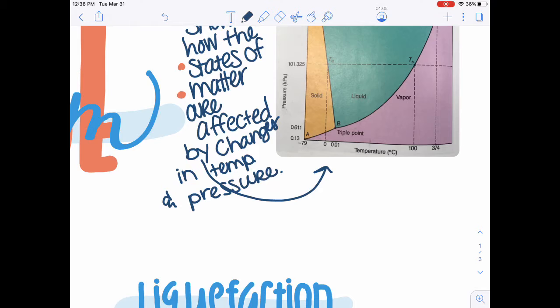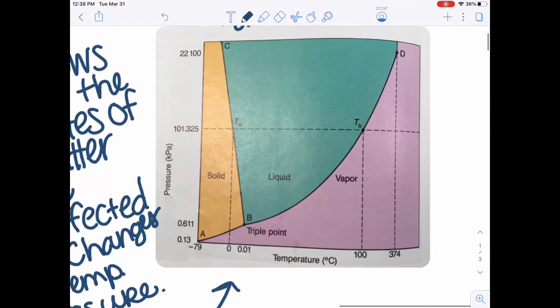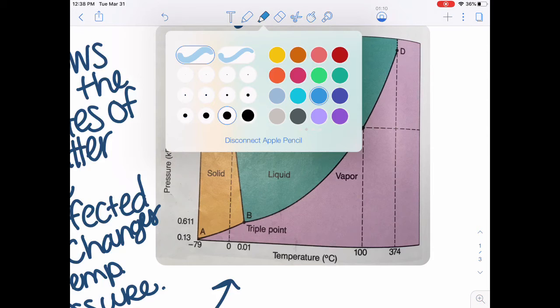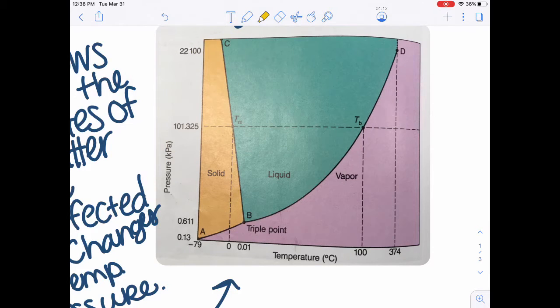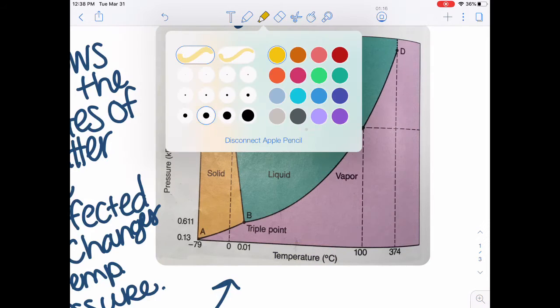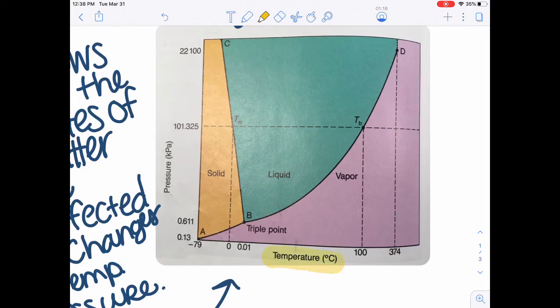So as we look at a phase diagram, you will notice that our two variables are temperature and pressure. Temperature in degrees Celsius is along the x-axis. Pressure in kilopascals is along the y-axis.